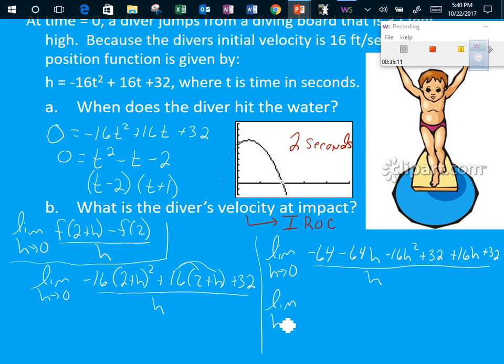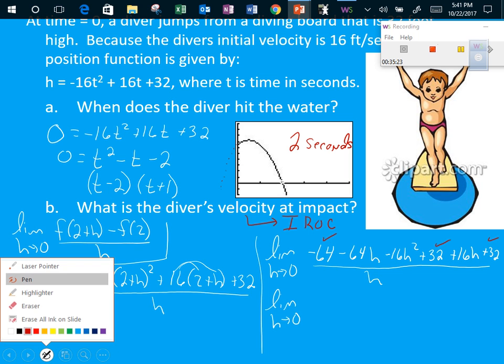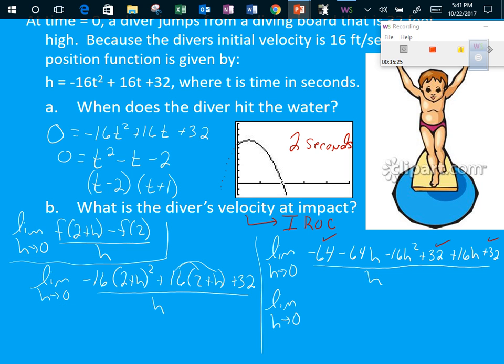I've now got the limit as h approaches 0. And then guys, remember, if it doesn't have an h, it should cancel out. If it doesn't, we did something wrong. Negative 64, 32 and 32 make positive 64, so good news there. I've got negative 64h minus 16h squared plus 16h.